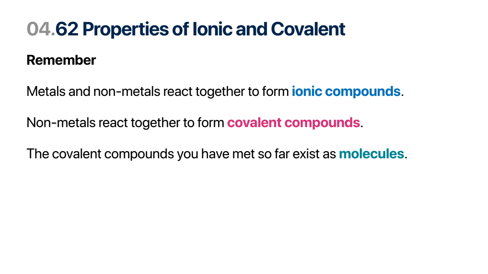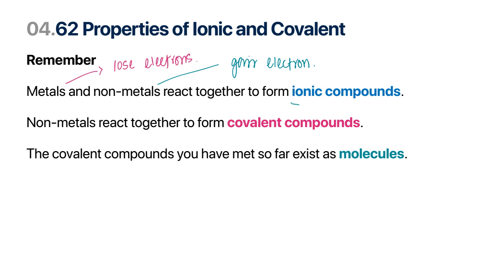Now, I think you've picked it up already. A metal and a non-metal will react together to form an ionic bond. Why is that? Because metals are generally in group 1 and group 2. They like to lose electrons to form ions. Right? And non-metals like to gain electrons. So whenever you have a non-metal with a metal, for sure it's an ionic compound.